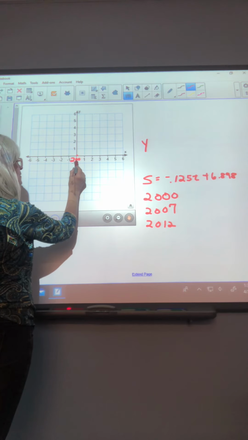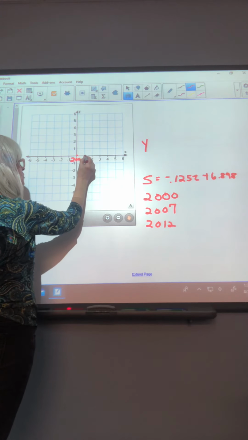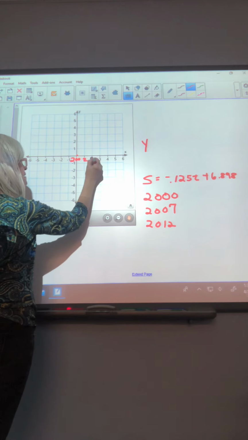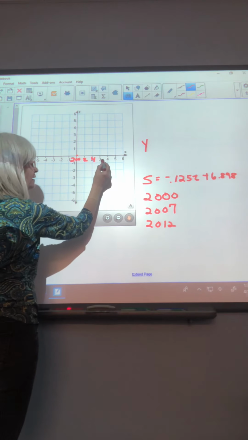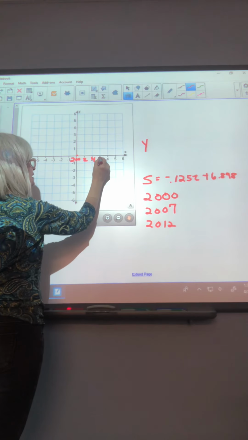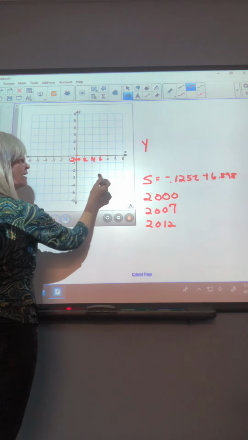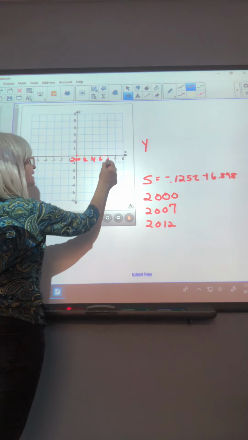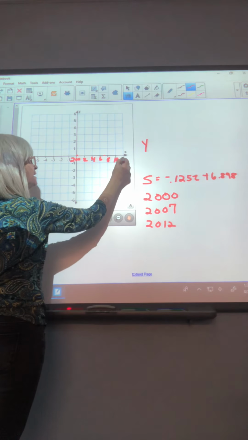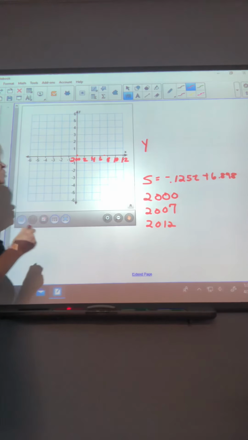So this is 2000, this would be 2002, this is going to be 2004, this will be 2006. So 2007 would be right there. This is 2008, 2010, and then the 6 is going to be 2012.